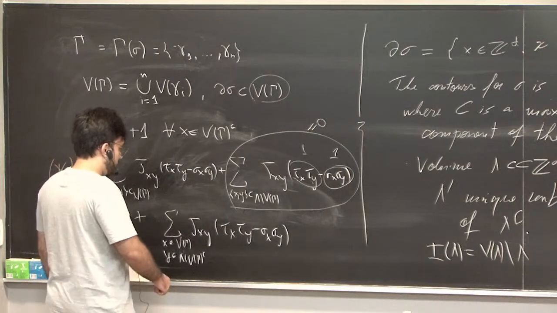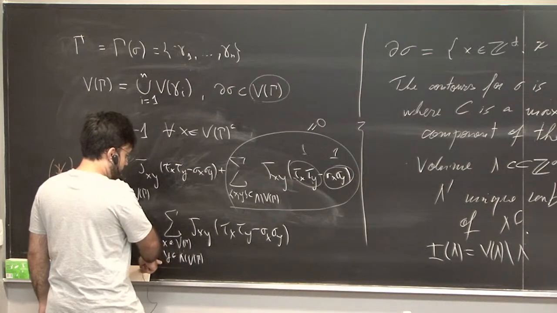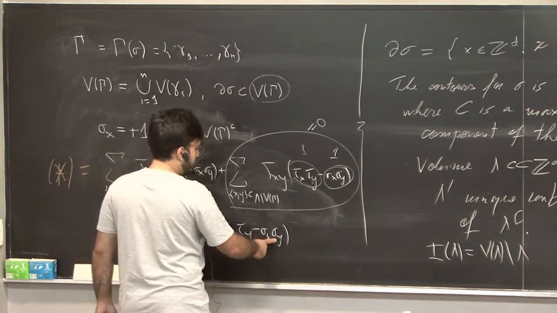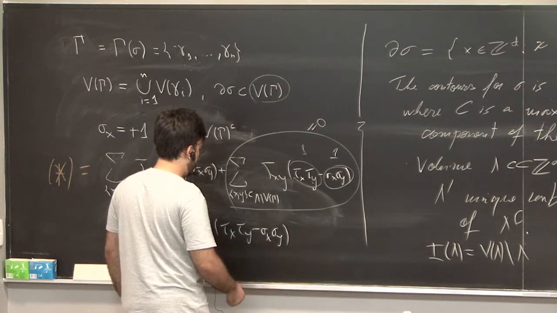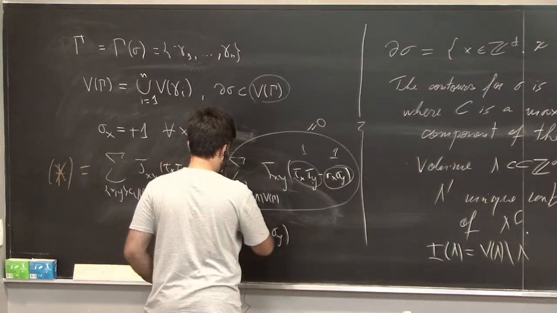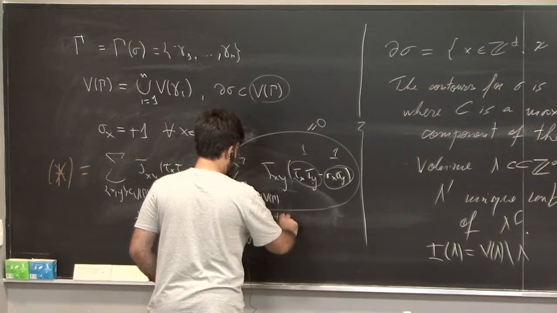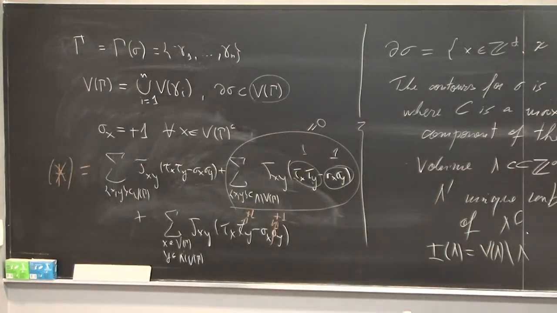This is the first thing. And the other thing is the following. By a similar reasoning, if y is over here, then I know that tau y is equal to sigma y, and then sigma y is equal to plus 1. So this will be plus 1, and this will be plus 1. But look at the boundary term right here.